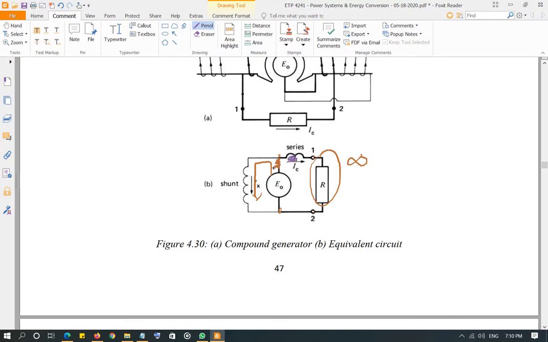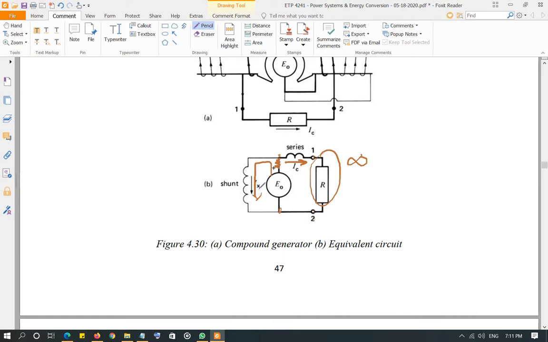Now the current starts flowing through the series field when you connect the load. If it is a cumulative compound generator, that means now this series field is also going to start producing flux, and that flux is going to add up to the flux of the shunt field. So, in compound generator, the total flux under the load is not going to go down as much as it was going down in the shunt generator.